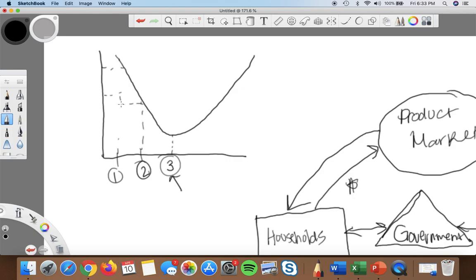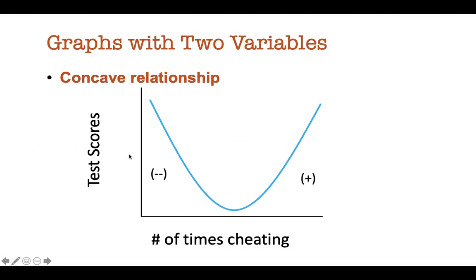It'll lower your test score even more. Don't cheat the 3rd time, you'll get an even worse score. At this point in the graph, cheating is not worth it. So if it takes you more than 3 times to figure out how to cheat in my class, it's not worth it. I don't have very many assignments in my class, so don't go around telling people I'm advocating for cheating. I'm just saying that this relationship probably exists and is a good example of something that's concave.